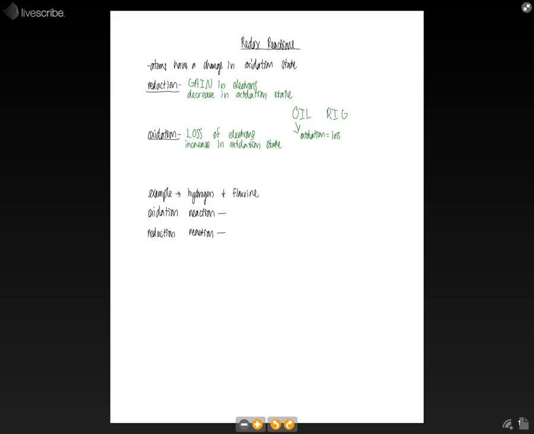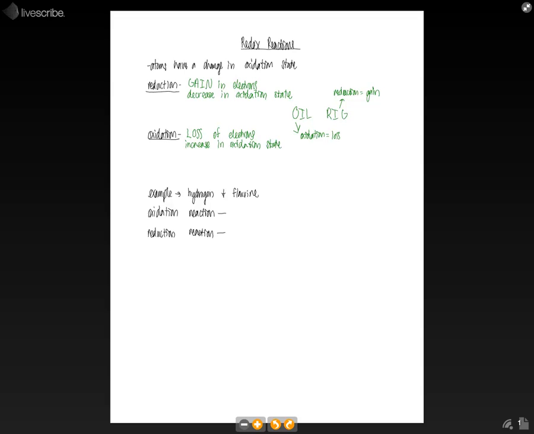The O for oxidation, the L for loss. And then the RIG is reduction is gain in electrons.